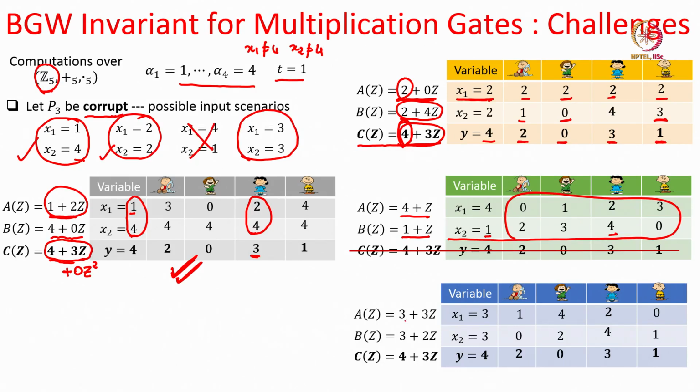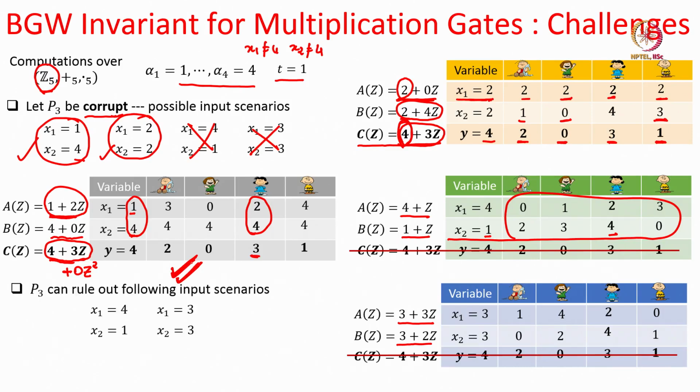In that case P1's sharing polynomial should have been 3 plus 3z and P2's sharing polynomial should have been 3 plus 2z, and again the adversary can rule out the possibility of the first and second input being 3, because that is not going to be consistent with the shares of y which the corrupt party sees in the protocol while reconstructing the function output.